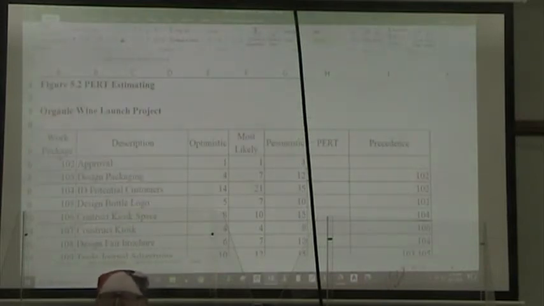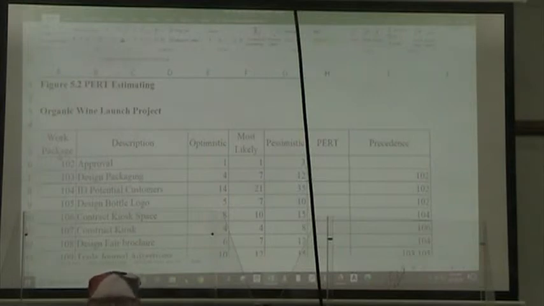this is, from figure 5.2, the range estimating technique that we talked about before, but I'm using it for my own evil purposes here. In PERT, there is a recognition that we're likely to have optimistic forecasts of time, pessimistic forecasts of time, and the most likely forecast of the time.